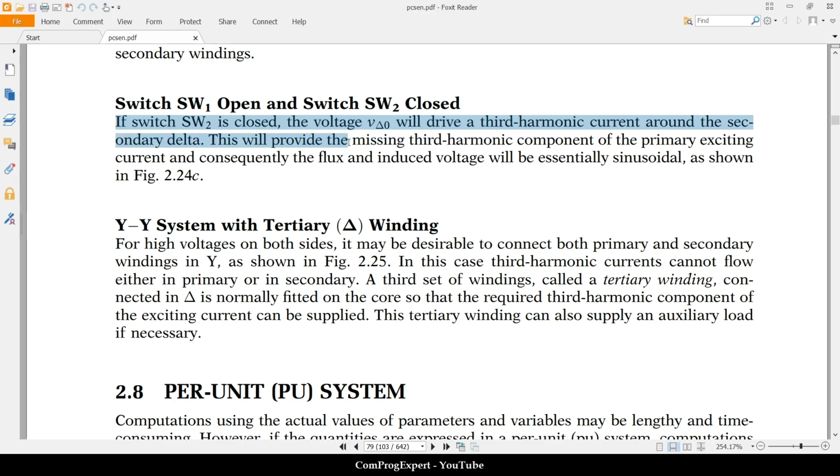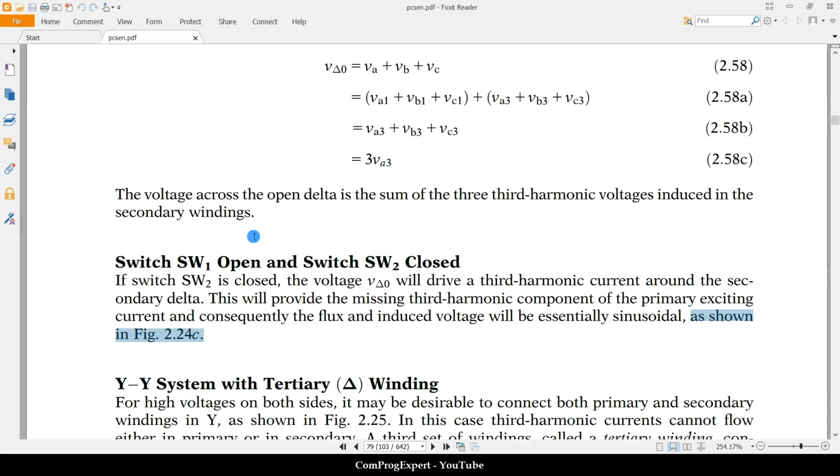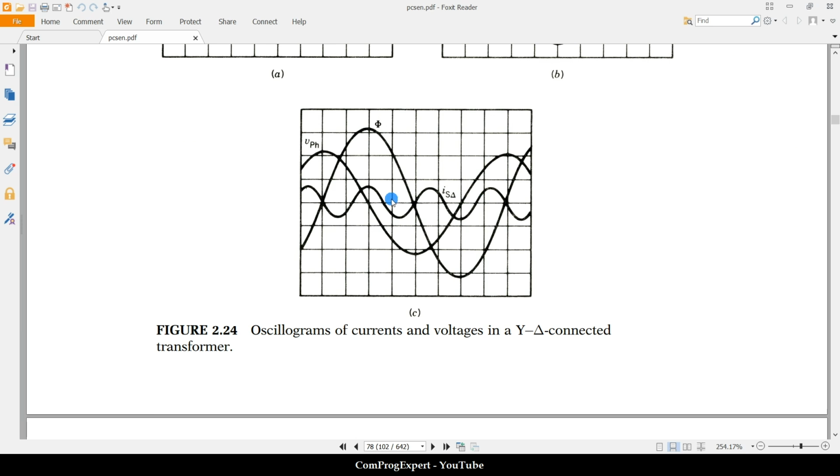This will provide the missing third harmonic component of the primary exciting current, and consequently the flux and induced voltage will be essentially sinusoidal, as shown in figure 24C. This figure. This is the current in the secondary side, IS delta.